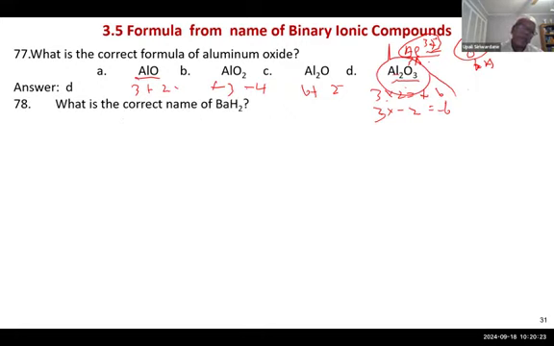What is the correct name of this compound? Ba is barium. What is hydrogen? It's a negatively charged anion, a hydride.